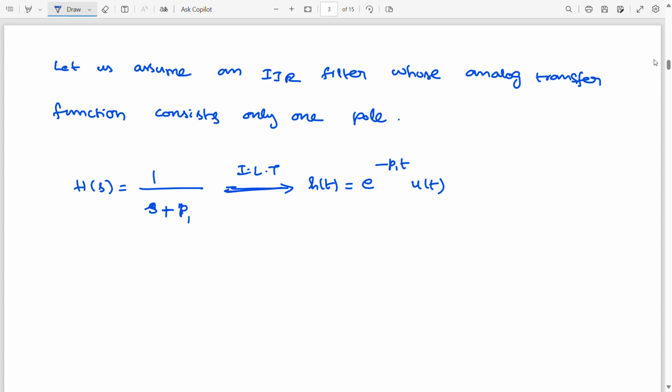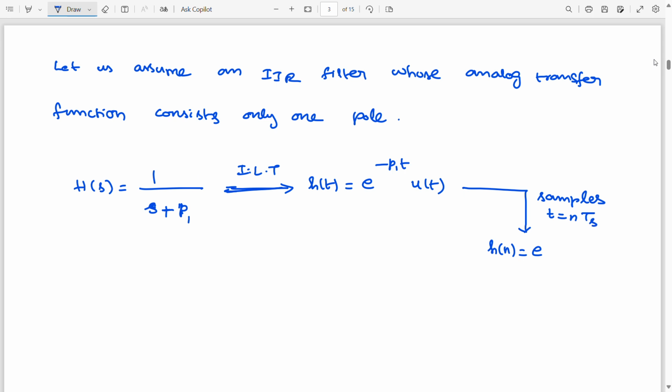And now the impulse invariance transform method samples this function to convert the impulse response of the analog filter into the impulse response of the digital filter. We are sampling the time instant at nTs.